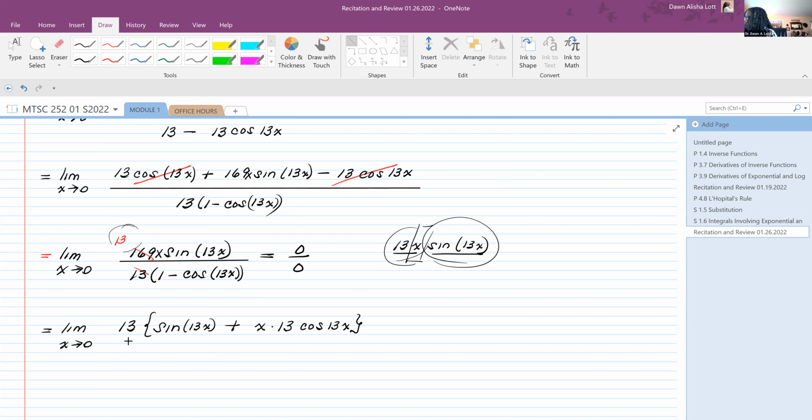Okay. And then in the denominator, I just got sine of 13x. There's still a 13 there.